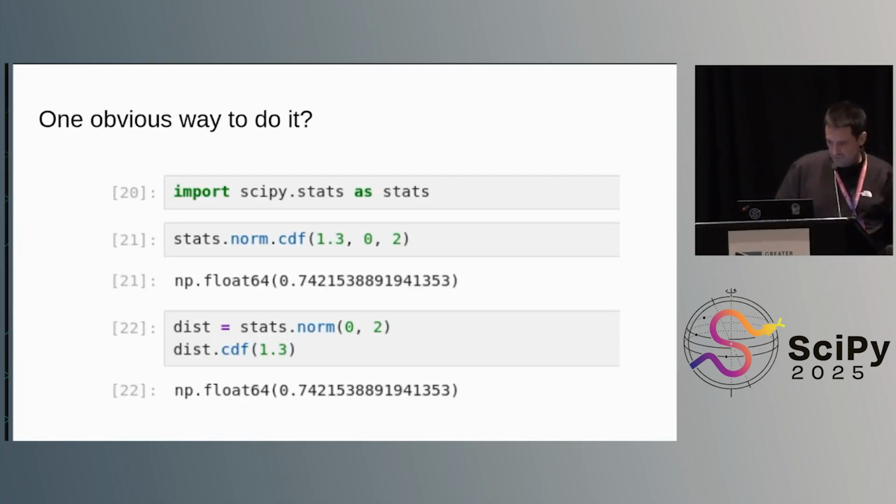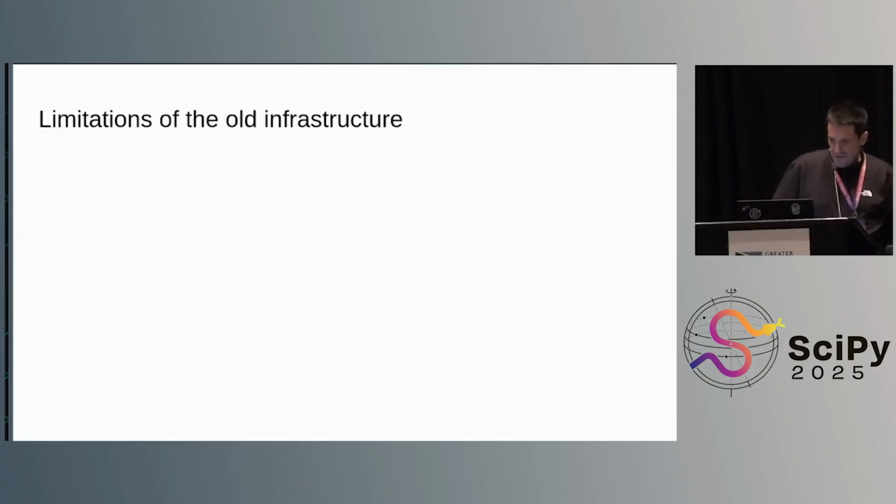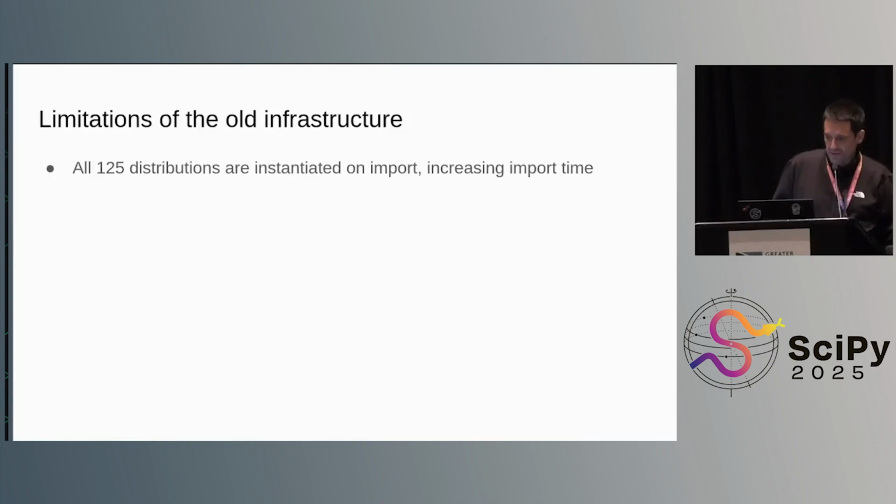It gives the same results. So these are different types of objects that are both supported. And the problem here is that there's a lot of complicated machinery that goes into allowing this sort of two ways to do it.